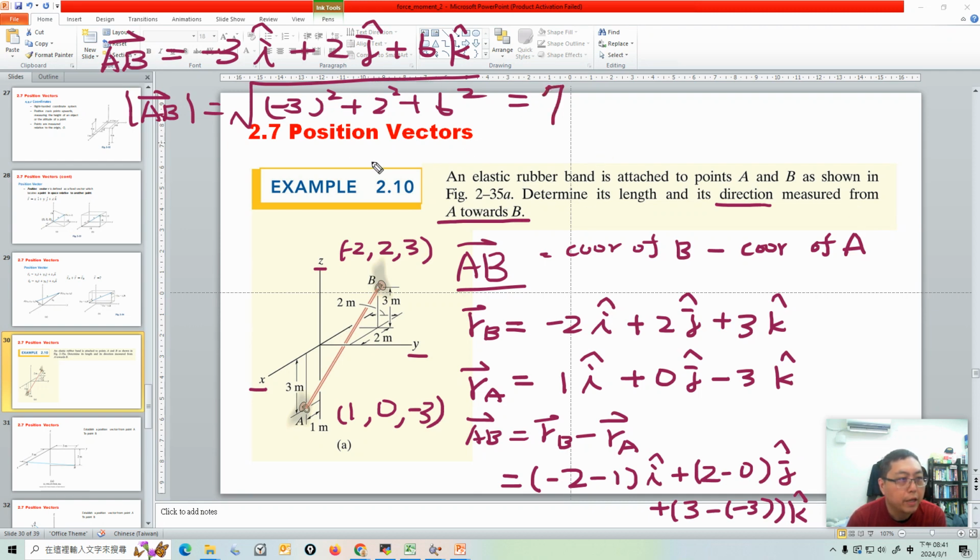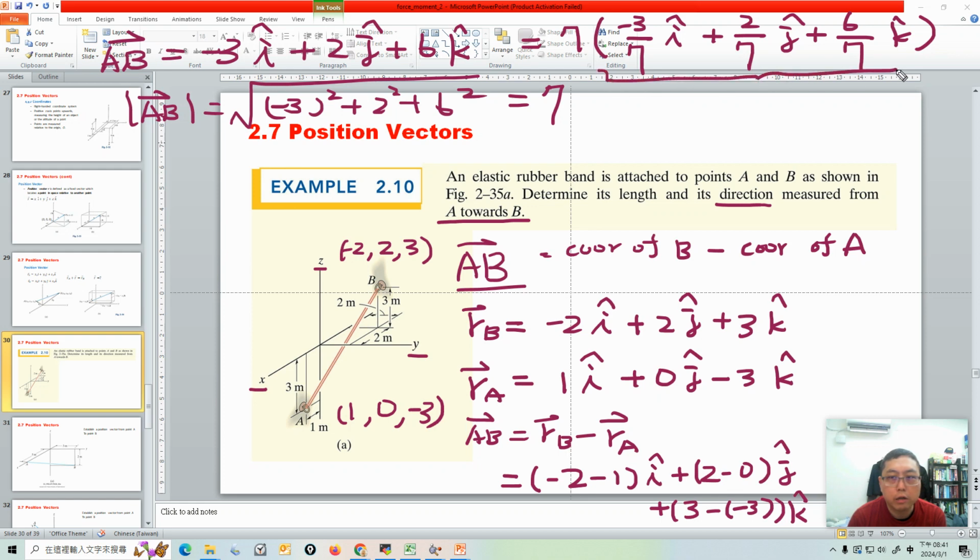Pretty good. The vector is equal to the magnitude times the direction, so it's 7 times (-3/7 I plus 2/7 J plus 6/7 K).